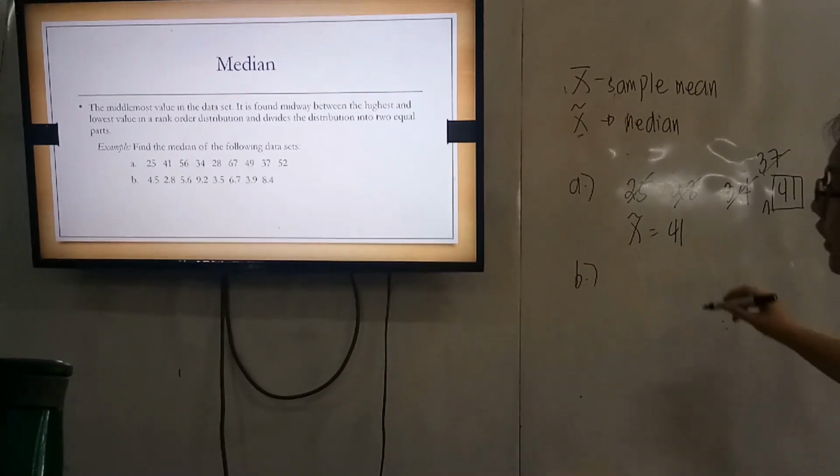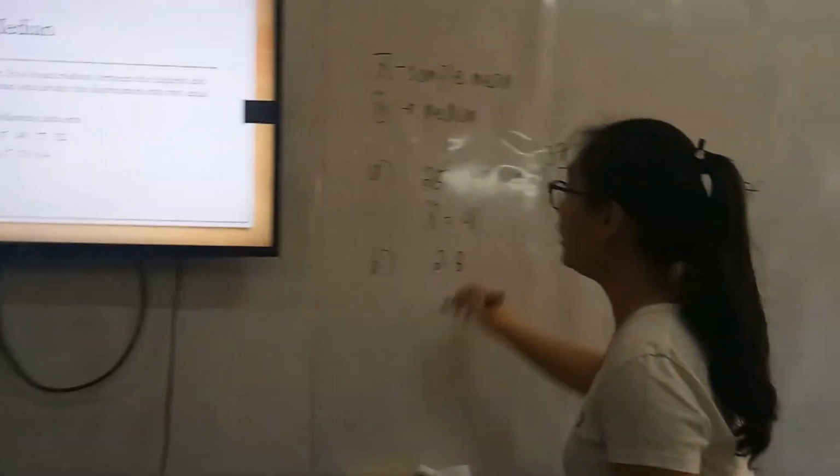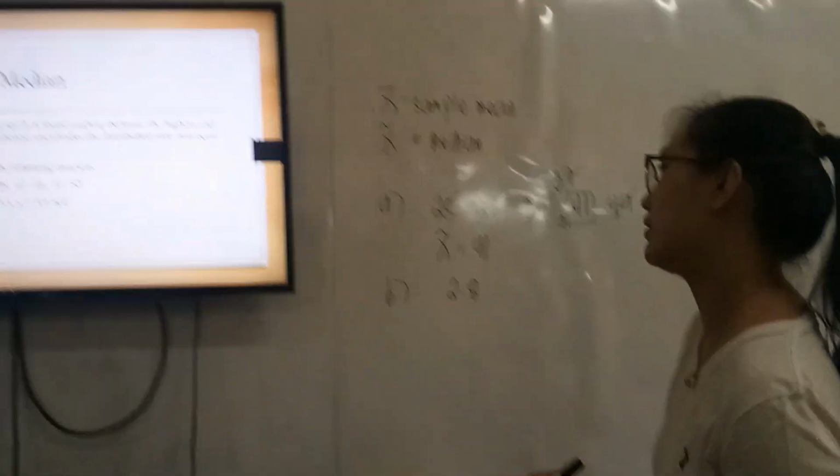With decimal values. Okay, let's start. Lowest value, we have 2.8. Next, 3.5.